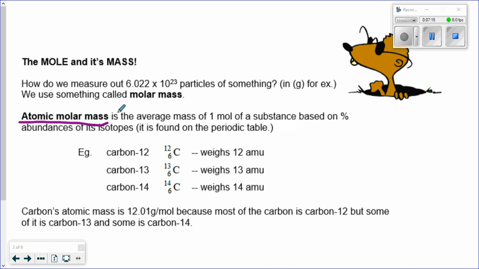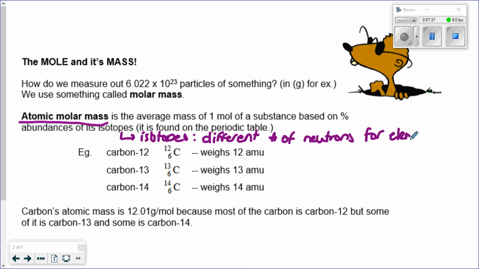So remember, isotopes are differing numbers of neutrons for a particular element.